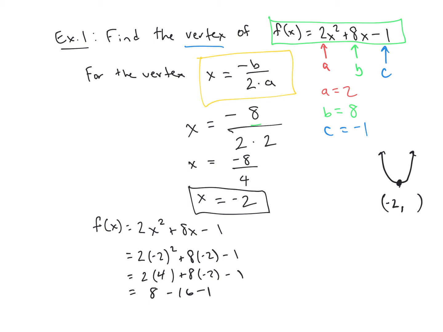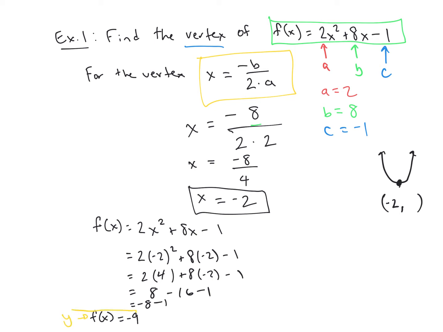And then I can go ahead and subtract. 8 minus 16 makes a negative 8, minus 1. Working left to right is going to make a negative 9. And f of x is my output. So that's telling me that y is going to be negative 9, right? Because this f of x is my y.